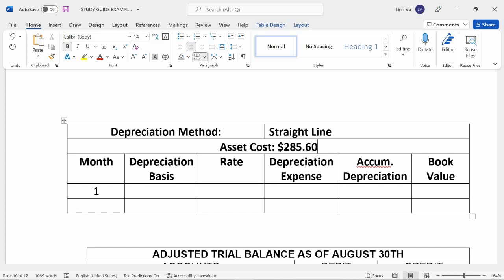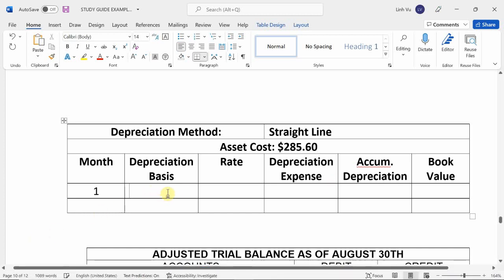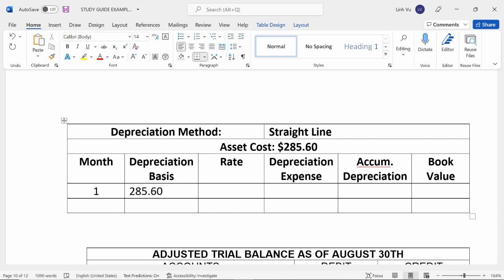So what is my depreciation basis? If I'm using straight line, it's asset cost minus salvage value. In this case, I have no salvage value, so $285.60 is going to be my basis. What is my estimated useful life?